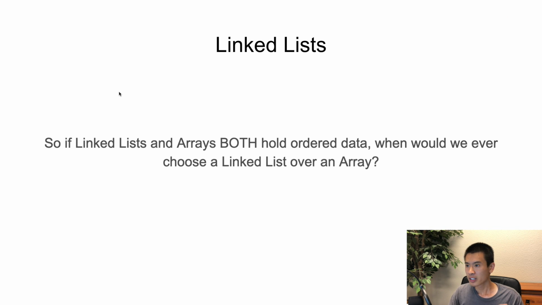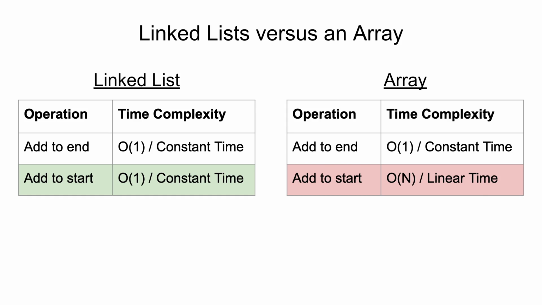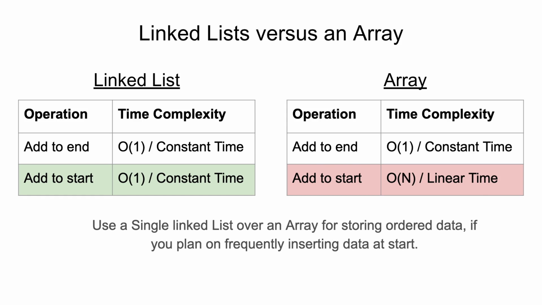Now, if linked lists and arrays both hold ordered data, when would we ever choose a linked list over an array? That's a pretty common question. The answer is we want to use a single linked list over an array for storing ordered data if you plan on frequently inserting data at the start.